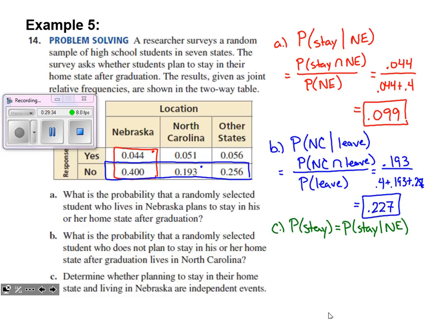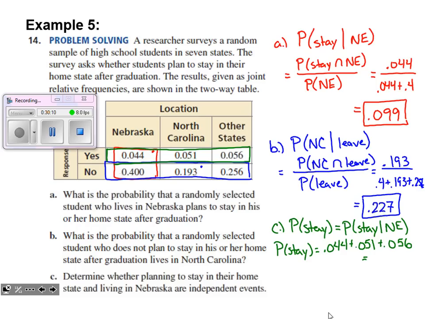So we'll calculate these. The probability of just staying in general is going to equal the sum of all the people that answered yes, so that's 0.044 plus 0.051 plus 0.056.